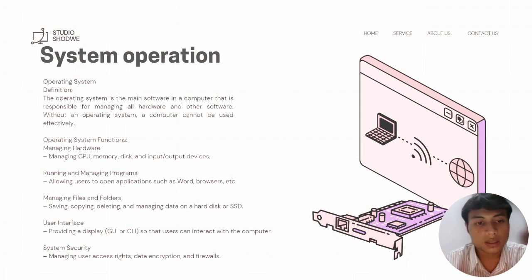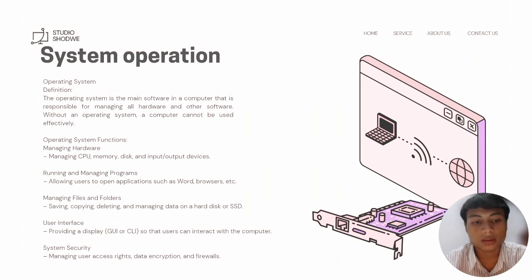Operating system functions: managing hardware, managing CPU, memory, disks, and input or output devices. Running and managing programs, allowing users to open applications such as Word, browser, etc. Managing files and folders: saving, copying, deleting, and managing data on a hard disk or SSD.